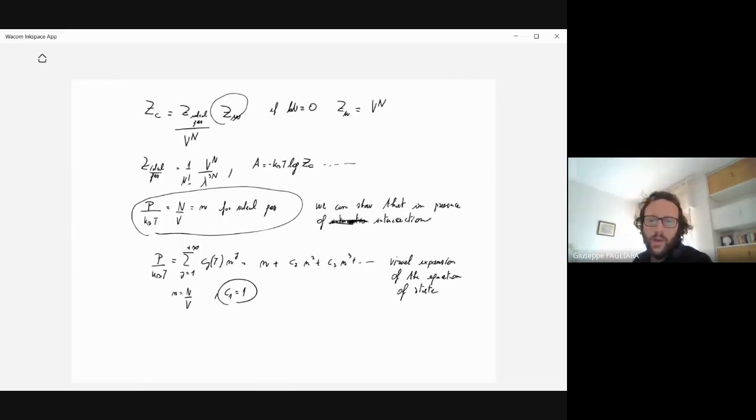So basically, this expansion tells you that the ratio between P and kBT is equal to density at leading order, so without interaction, plus other terms which are in powers. There is a hierarchy of corrections which scales as n to the power of j. Each of those n is multiplied by some function C2 and C3, which are the virial coefficients, which in general are functions of the temperature.